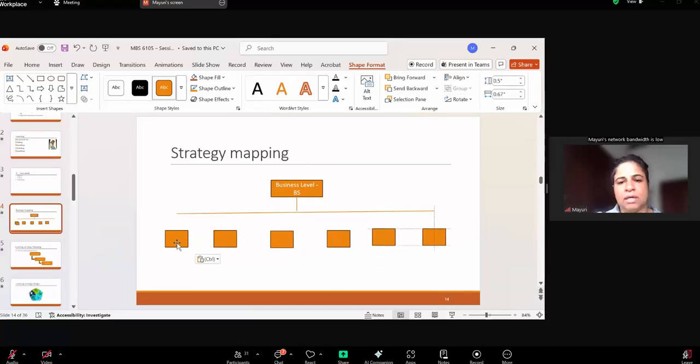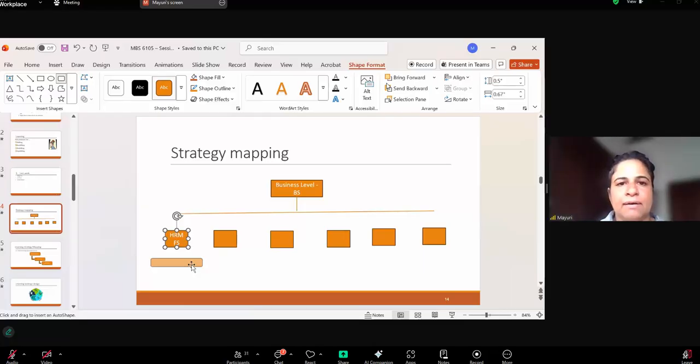So likewise, you have functions, so that we have functional level strategies. We call them functional strategies. And under each function, we have sub activities. We have different sub activities under HR.